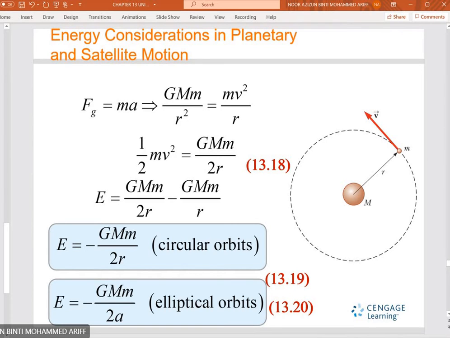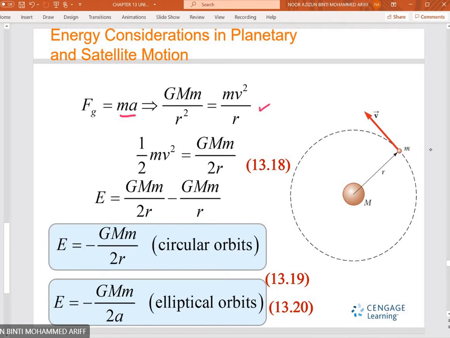So we can calculate our gravitational force equal to our centripetal force, which is F equal to ma. So a here refers to your centripetal acceleration. With respect to the gravitational force, GMm divided by r square, you have this equation, and as I simplify it, we have back our half mv square equal to GMm divided by 2r. So this refers to what we call centripetal circular motion.